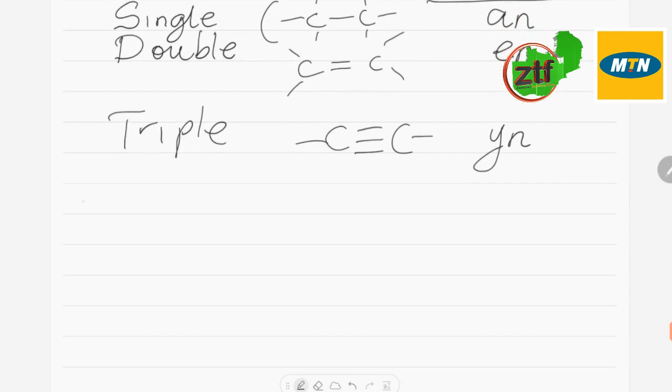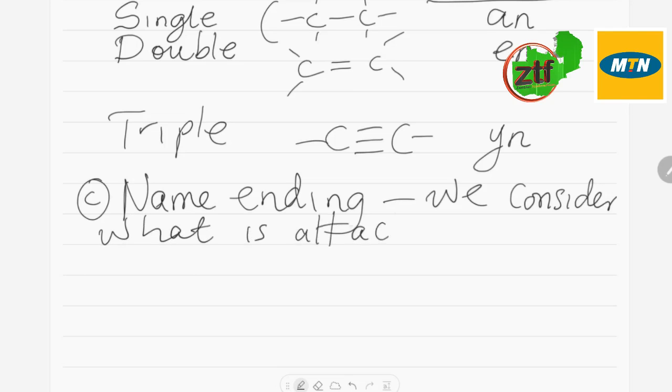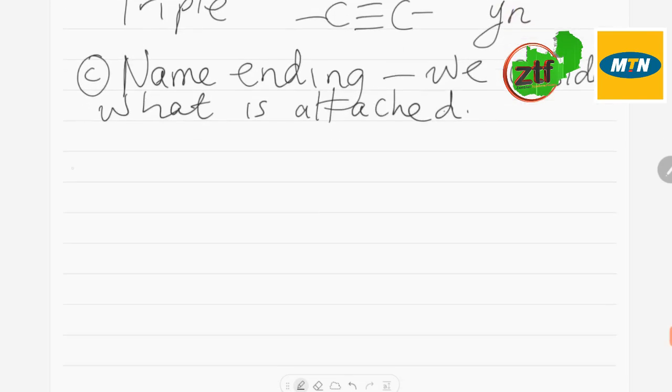Then the last part is what we consider the name ending. So this one we consider what is attached. Name ending.